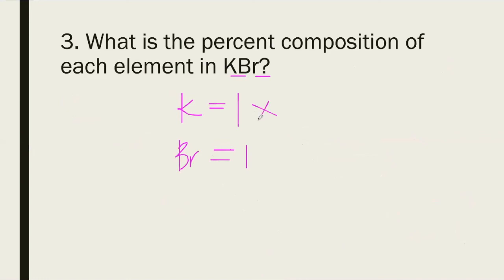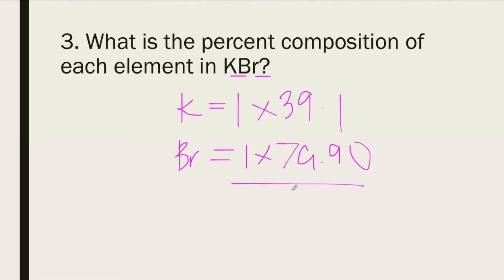So the atomic weight of K or potassium is 39.1. And the atomic weight of Br is 79.90. Add that together for the molar mass and we will get 119.